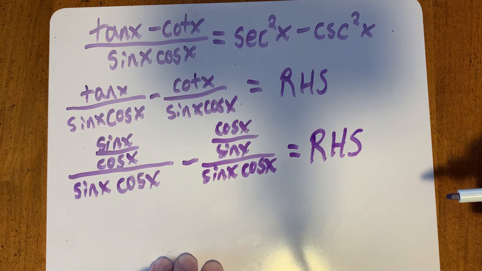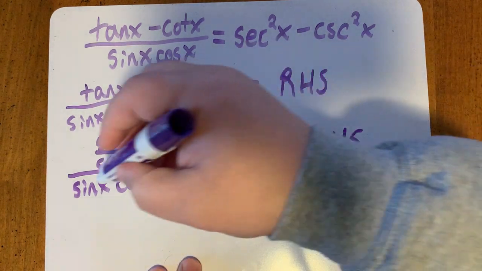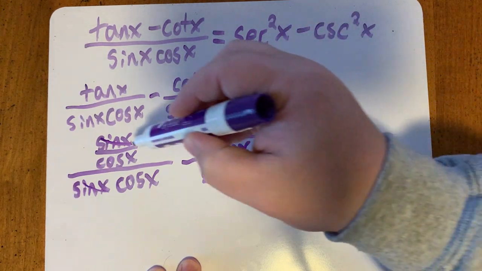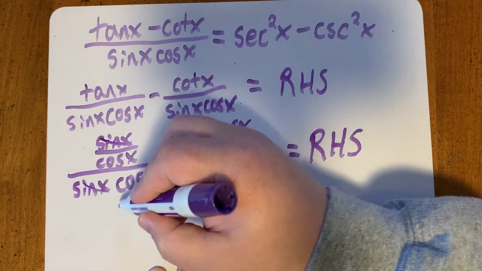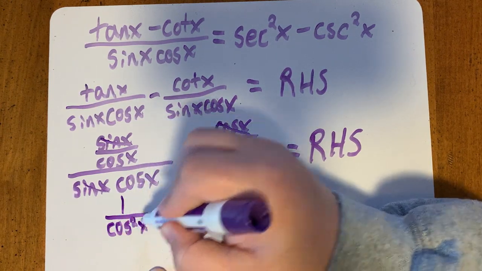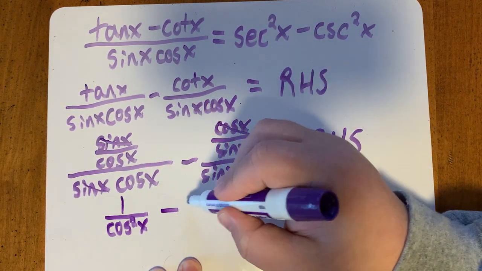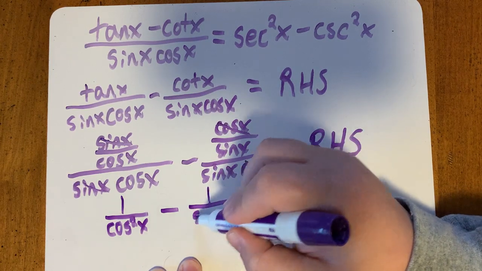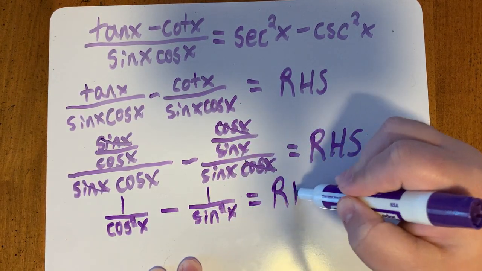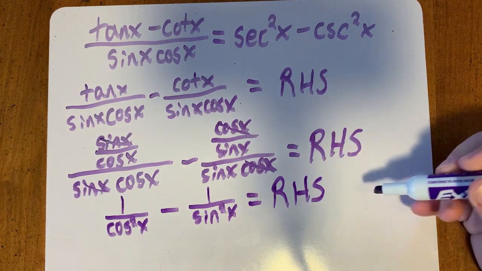And then we can do the arithmetic to simplify this. The sines would divide off. These cosines would divide off, leaving us with 1 over cosine divided by cosine. That's 1 over cosine squared of x. And 1 over sine divided by sine, that's 1 over sine squared of x. And that equals our right-hand side.